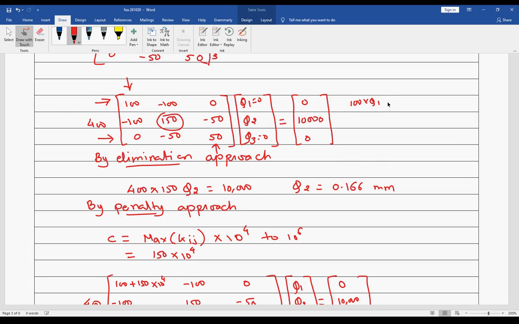Okay, q1 is 0, minus 100 into q2, and here plus r1 and plus r3 will be there. Okay, that I missed out, so please add it. So these r1 and r3 are the reactions, so that has to be there. I put 0, 0, so it is 0 plus r1, 0 plus r3.